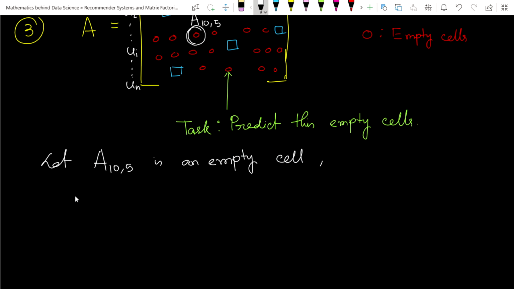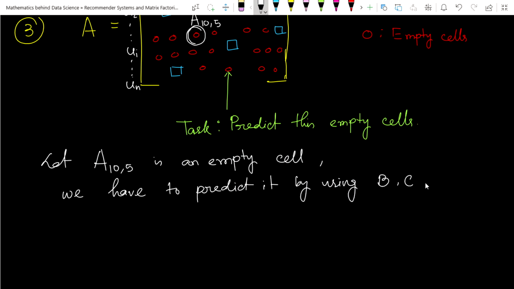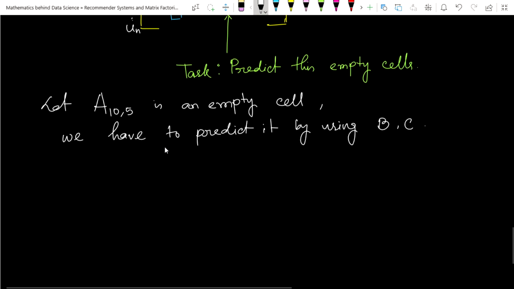We have to predict this empty cell by using B and C. That's the job that we have to do. So how will we do that?